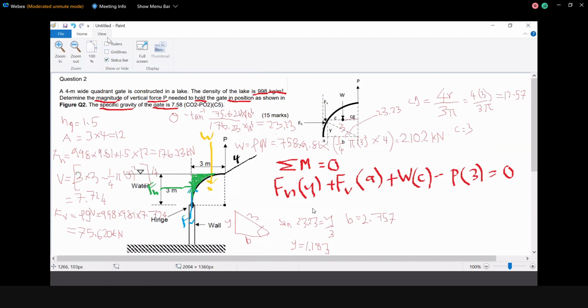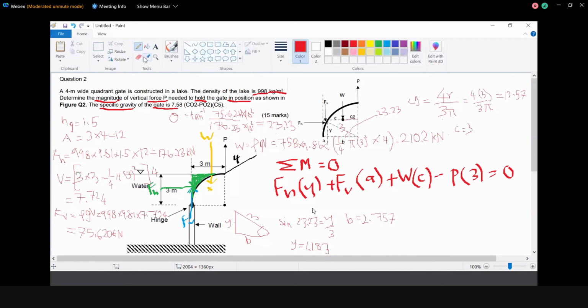Berapa tadi? 1.273. Okay. So 3 radius tolak dengan 1.273. Berapa? C? 1.727, kan?